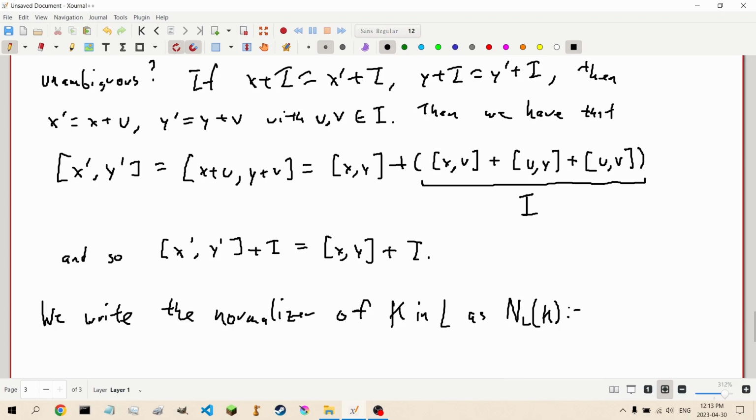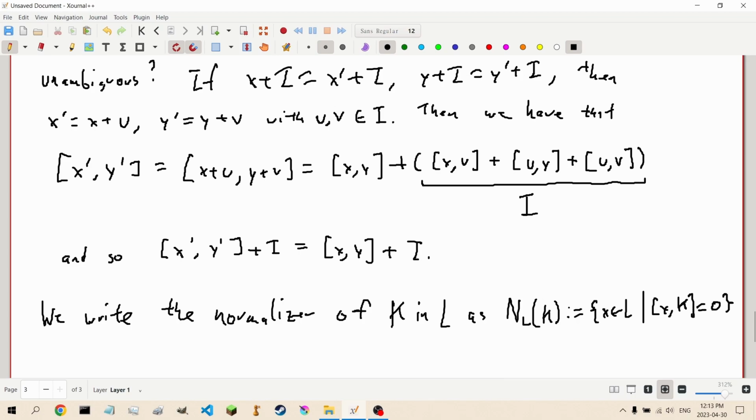And just a quick reminder, this is X in L such that the bracket of X and K is 0.